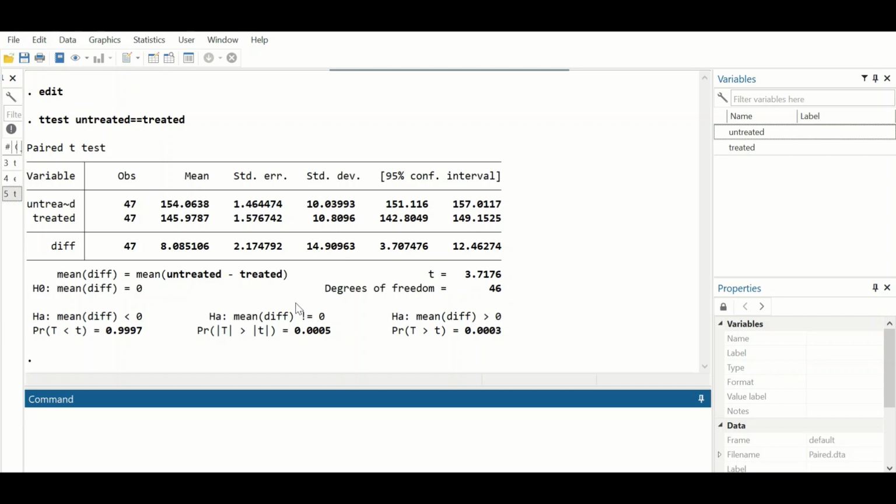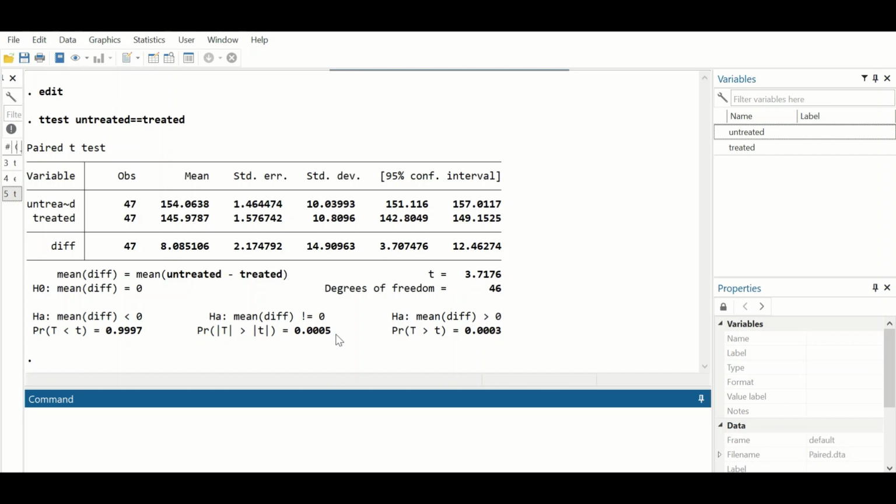For the alternative hypothesis, in our condition here, we look at the mean difference not being equal to 0, i.e. there is a difference in the mean between the untreated and treated, and the p-value generated here is less than 0.0005, which is significant.